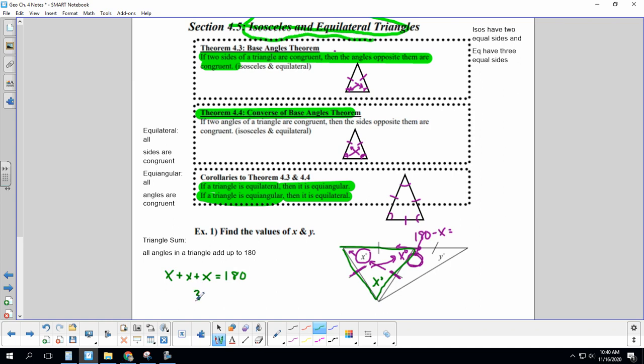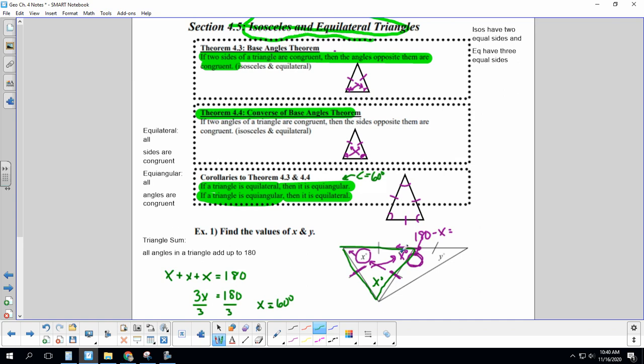I add my three x's together and get 3x, and I solve for x and get x equals 60 degrees. And in fact, in all equilateral triangles, the angle is going to be 60 degrees.